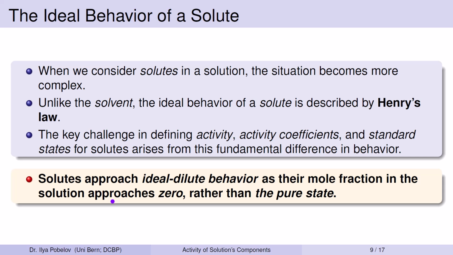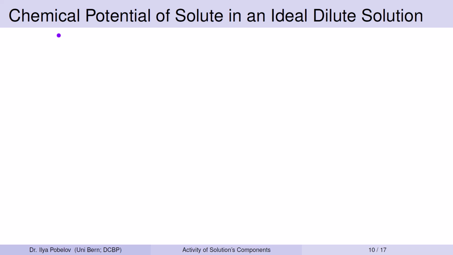Unlike solvents, solutes approach ideal dilute behavior as their mole fraction in the solution approaches 0 rather than the pure state. Let us now consider a more detailed thermodynamic treatment of the solute in an ideal dilute solution.